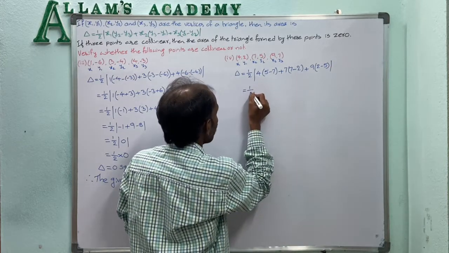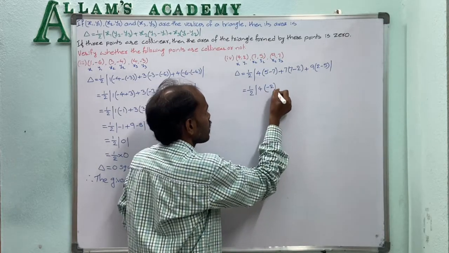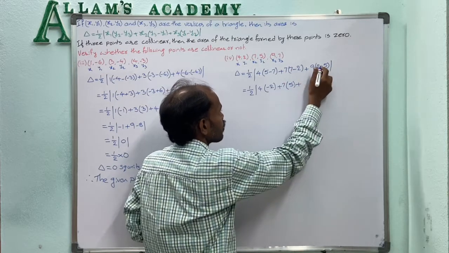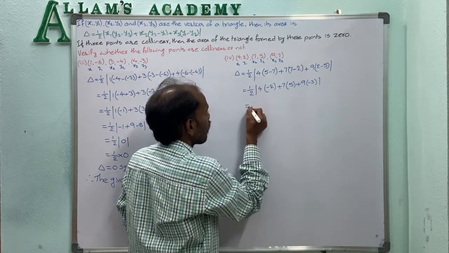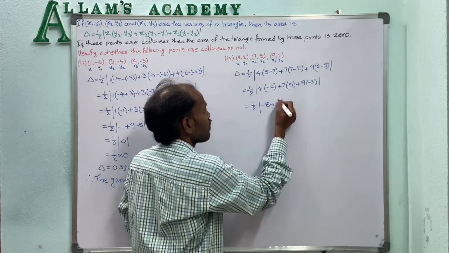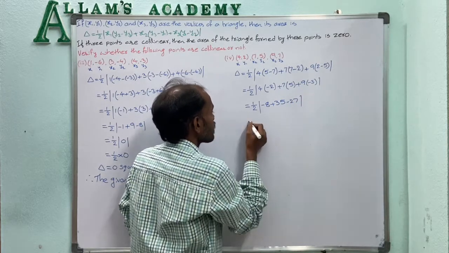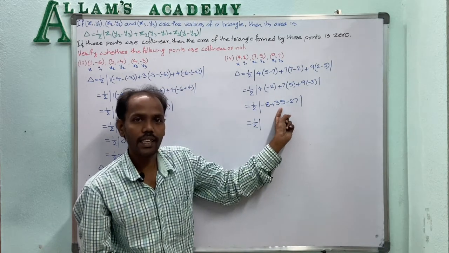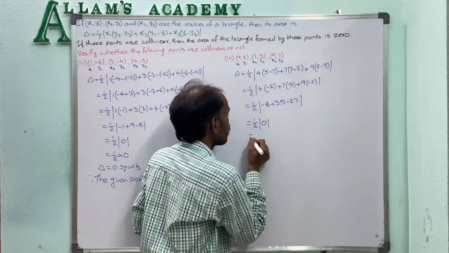That equals half mod of 4 into (5 minus 7, that is minus 2), plus 7 into (7 minus 2, that is 5), plus 9 into (2 minus 5, that is minus 3). That equals half mod of minus 8 plus 35, plus 9 into minus 3, that is minus 27. So minus 8 plus 35 equals plus 27, and 27 minus 27 equals 0, so half into mod 0 is nothing but 0.